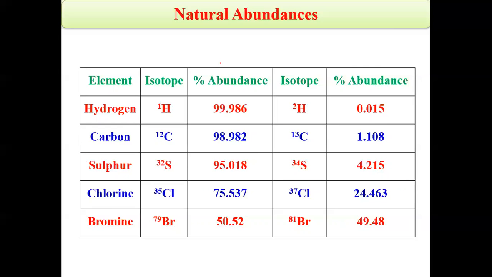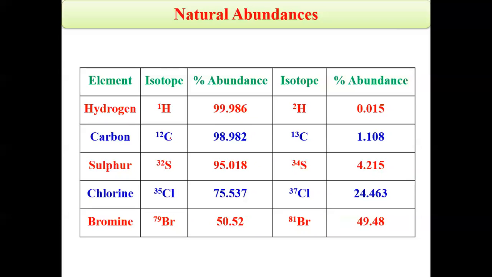These are the most important elements. Now their isotopes are different. For hydrogen, the most common isotope is H1, but its heavier isotope is H2, deuterium. In natural abundance, 99.98% is hydrogen H1, while deuterium H2 is only 0.01%.